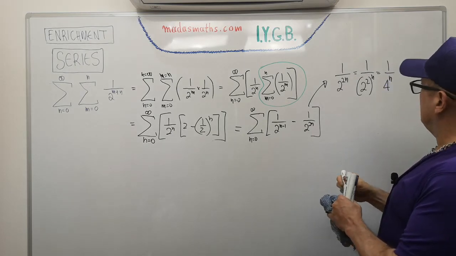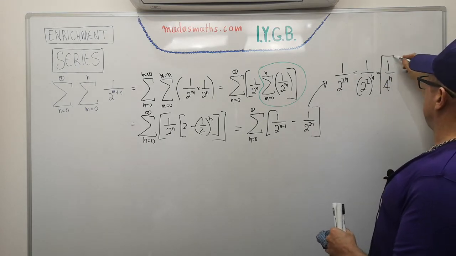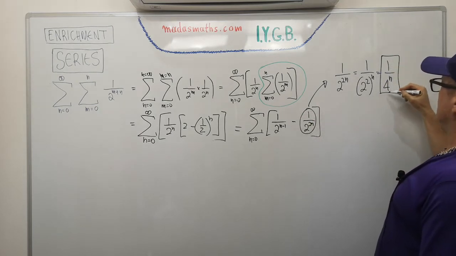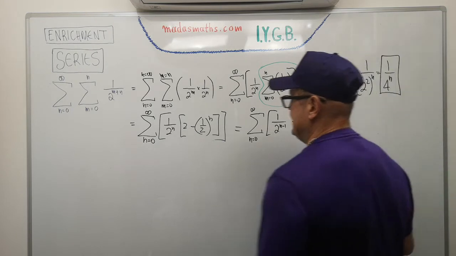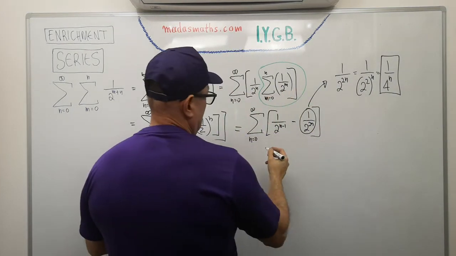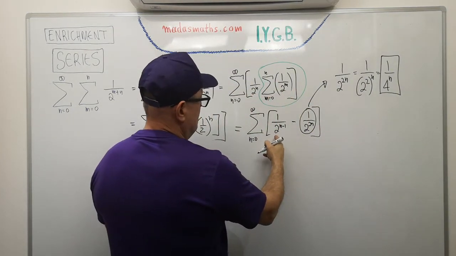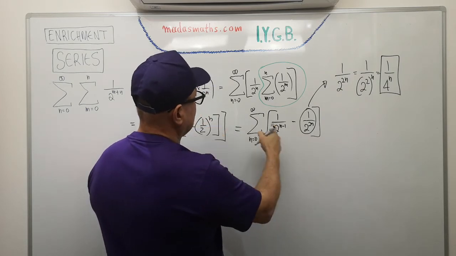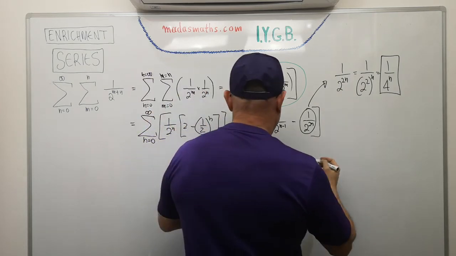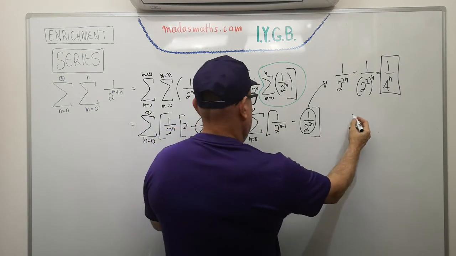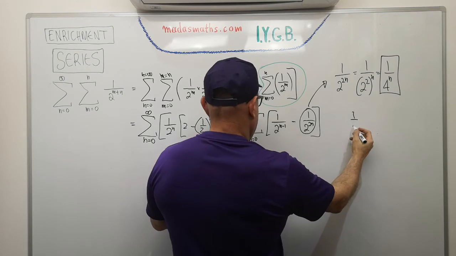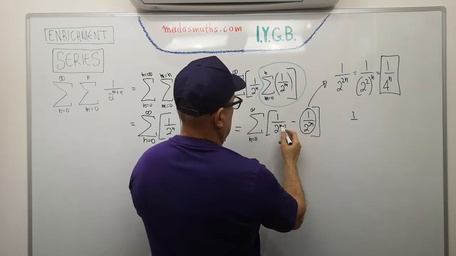So I'm not going to write it again just to make this change, but I'm claiming that this term here can be written in this form, which is a lot easier. So if we look at what this thing will be producing now in this particular case, putting n is equal to 0, we're going to get, of course, 1.